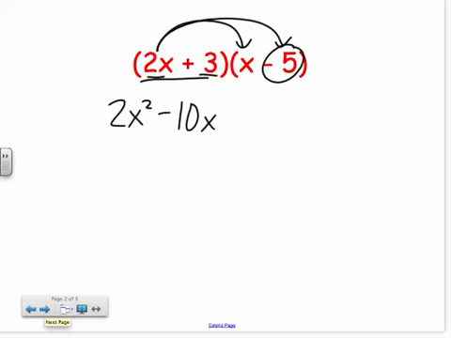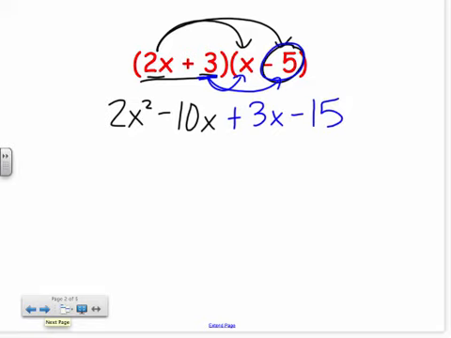So I'm done distributing the 2x. Now I'm going to go ahead and distribute the 3. So I take 3 times that first term in the second binomial, which gives me a positive 3x. And then I take 3 times that -5 again to give me a -15. Before it's simplified, I have to see if I can combine any like terms.